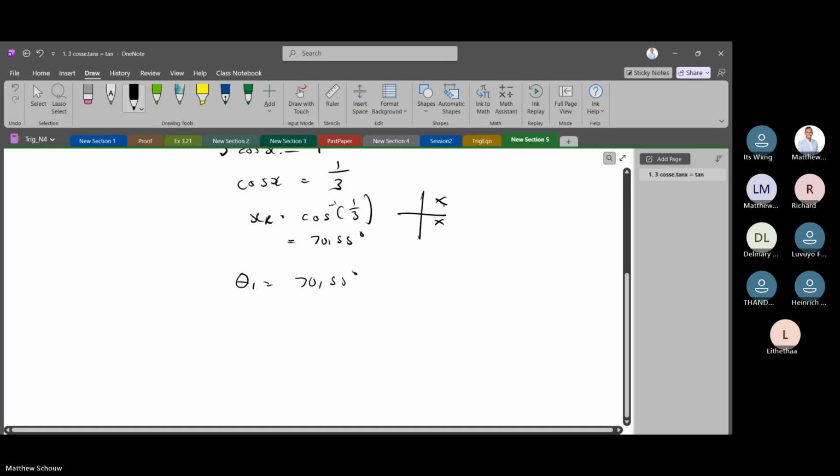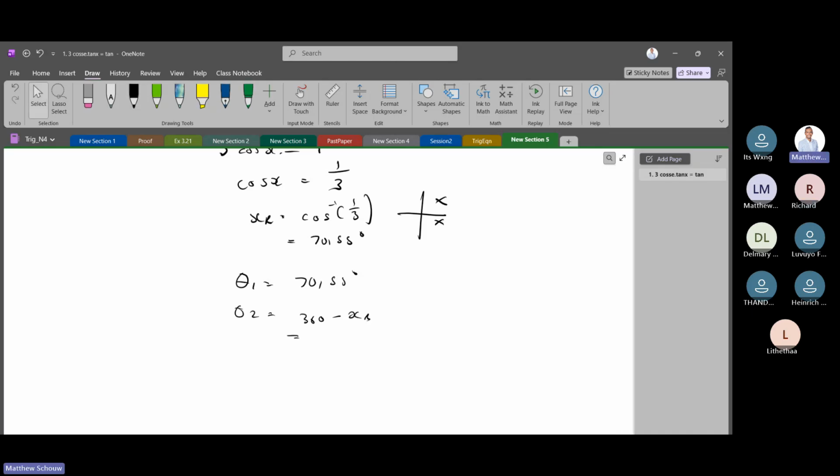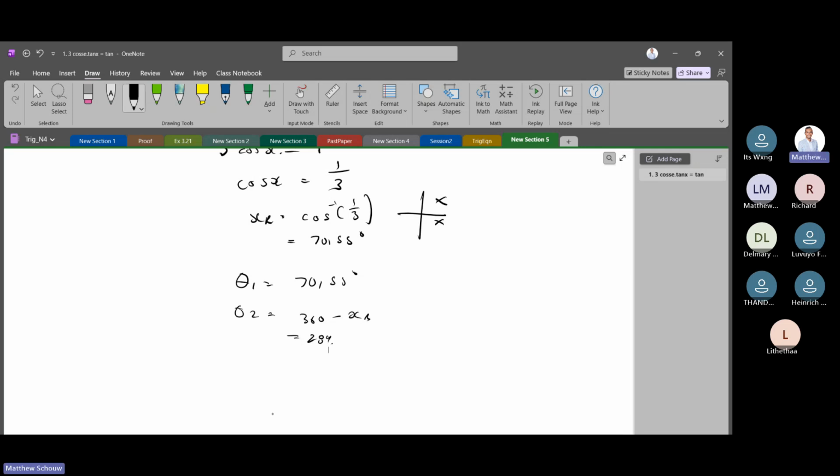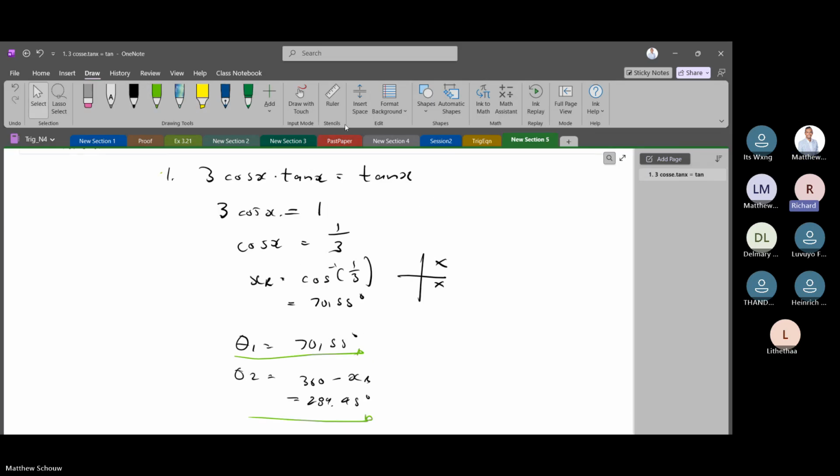Then our second value will be 360 minus our reference angle, 360 minus 70.55, which gives us around 289.45 degrees. Are we all happy with this? Could you all understand this? Yeah, this is quite clear.